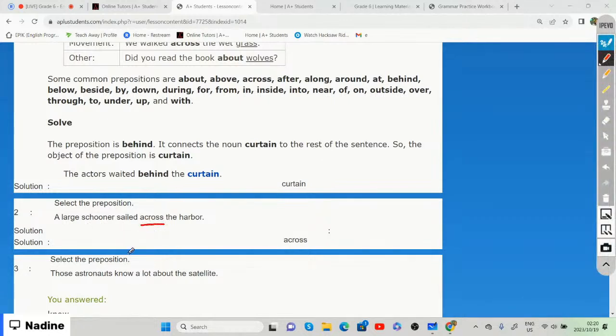Across shows preposition of movement. And if we were to identify our object of the preposition, then we can say it is harbor.